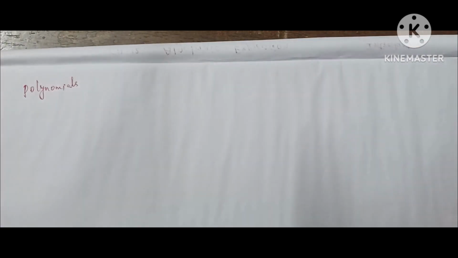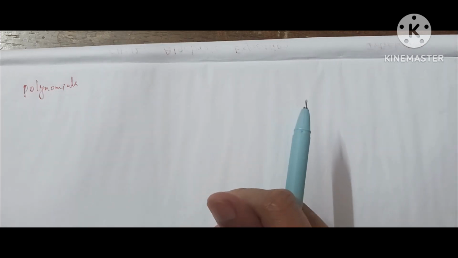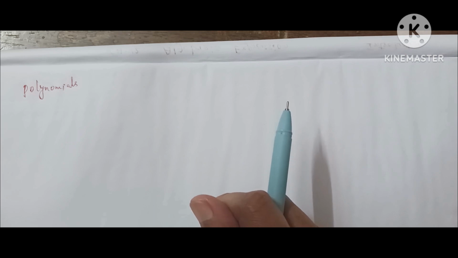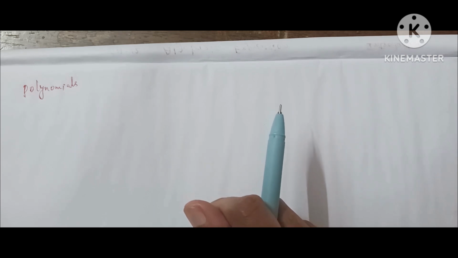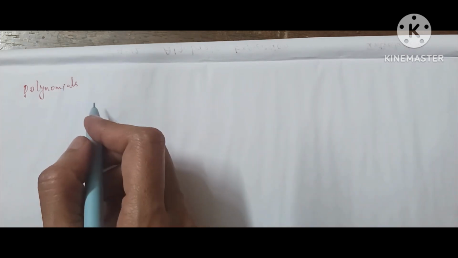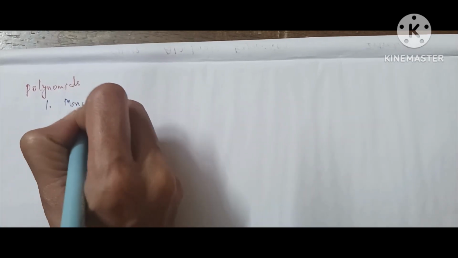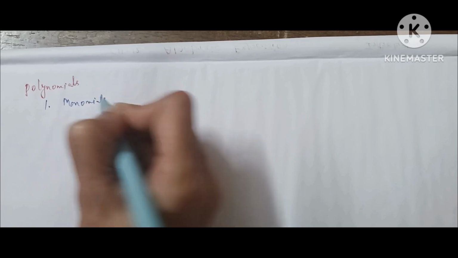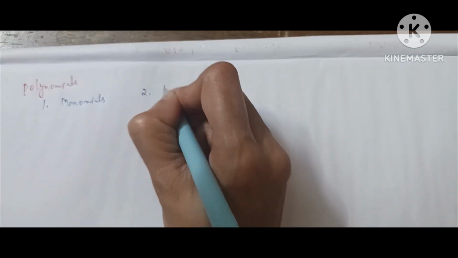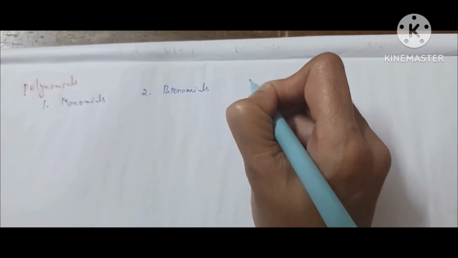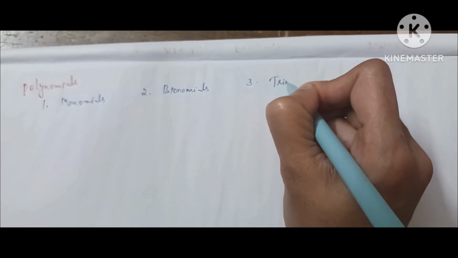A polynomial is nothing but an expression having one or more terms. These polynomials are divided into three types. One is monomials. The second is binomials. And the third is trinomials.